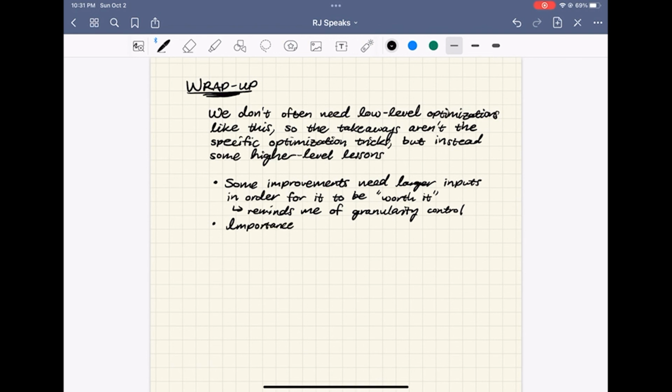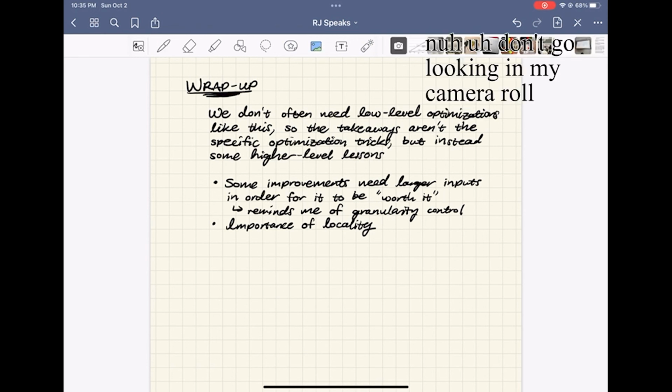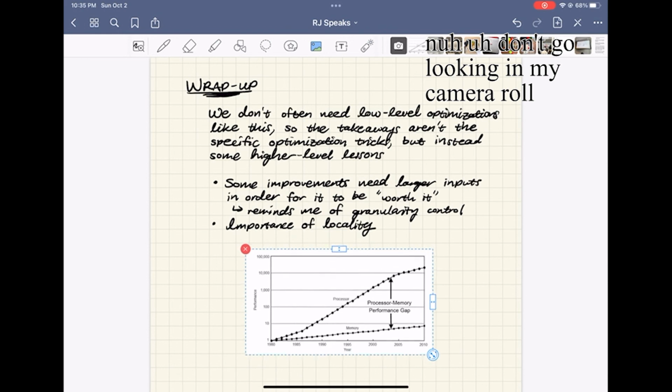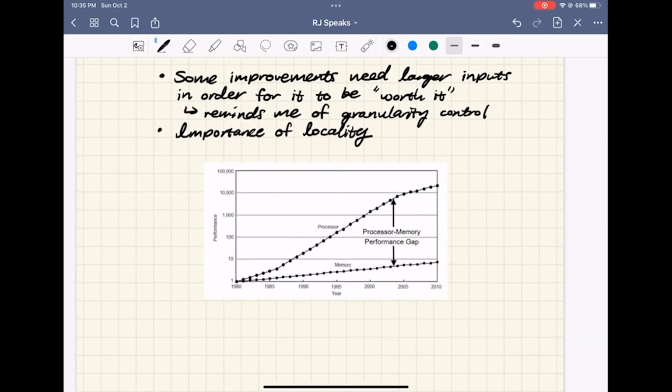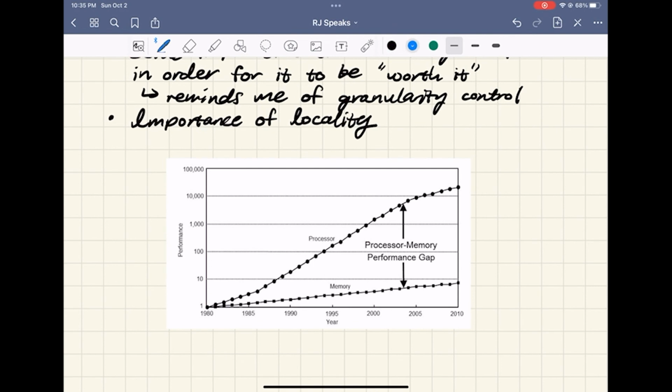I think matrix transpose was a really good way of illustrating what locality is and how locality can be improved if we ever need to. In the bigger picture, locality is important due to the widening gap between processor and memory performance, which in short, the processor-memory performance gap means that we are pretty fast when it comes to making calculations with information, but most of our waiting comes from loading and storing information.